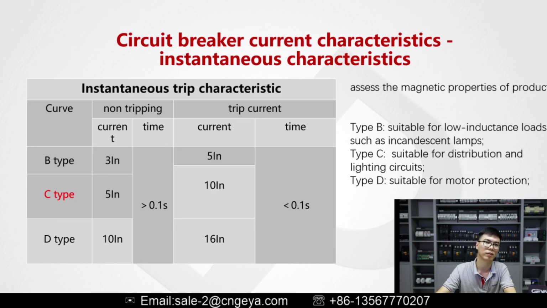For example, in the non-tripping circumstance, when the current is 5 times the rated current, it should be non-tripping for at least 0.1 seconds. And in the tripping current circumstance, curve C, when it is 10 times the rated current, it should trip within 0.1 second.